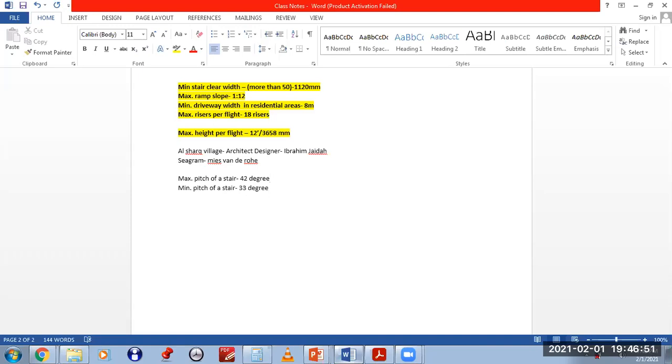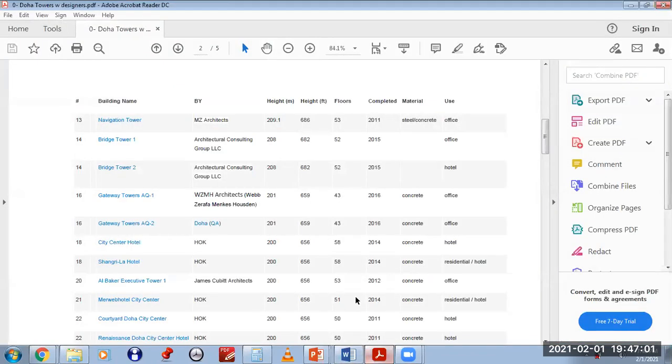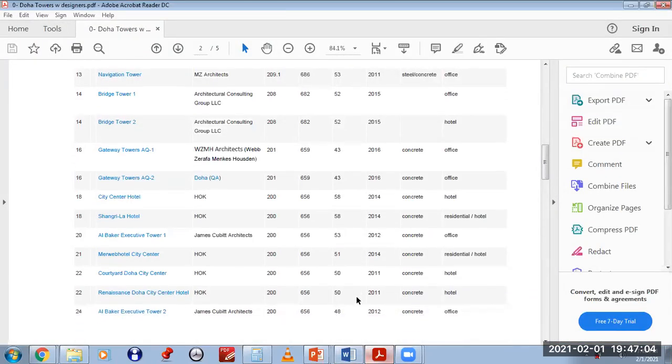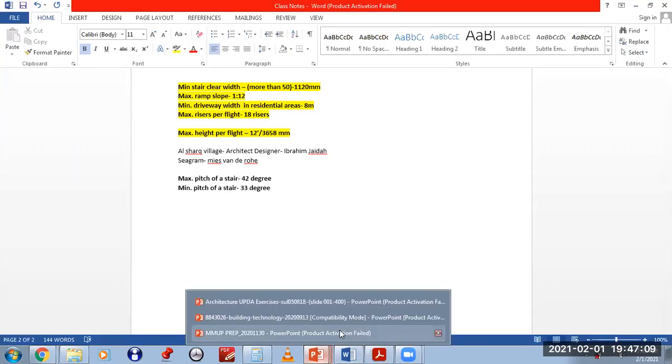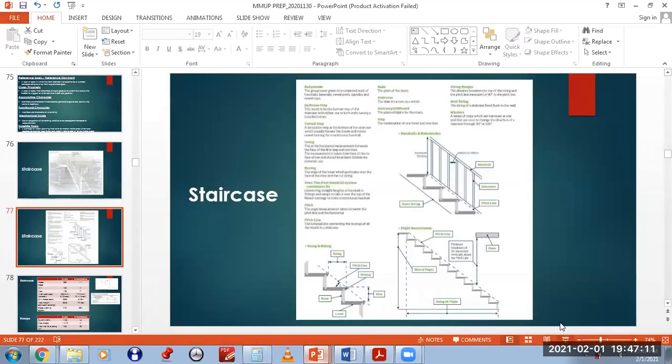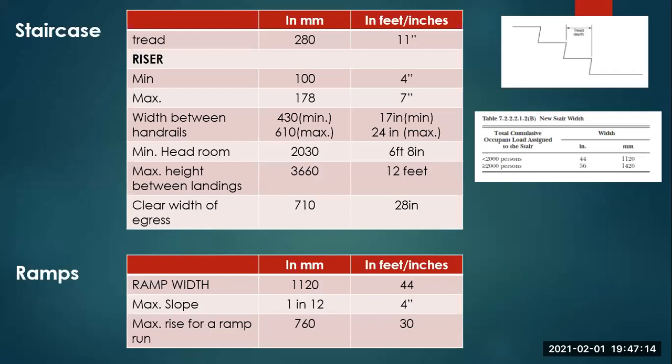This is the standard. And you know how much is the maximum height between landings, right? 12 feet.